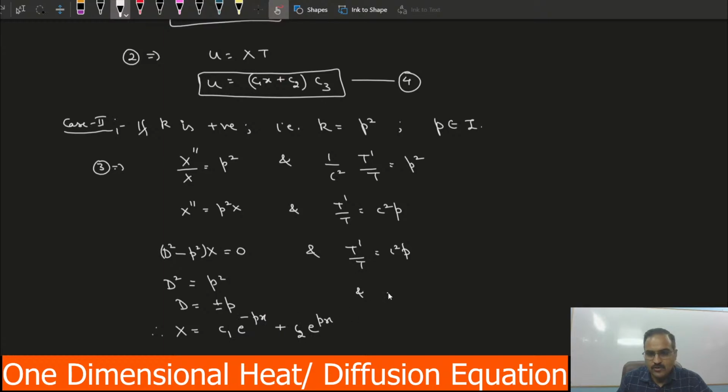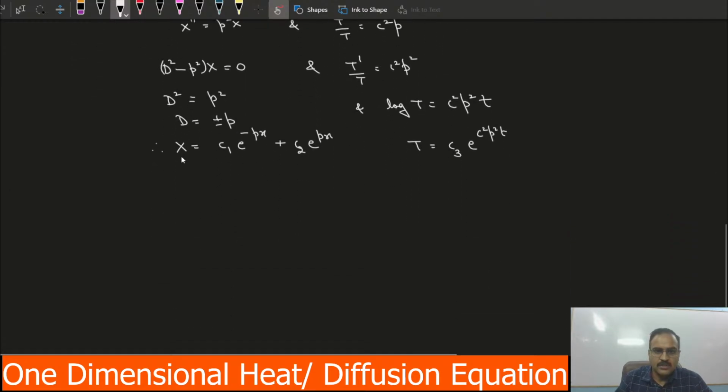Here if we integrate the other part, it will be log T = c²p²t, and then taking the exponent on the other side, T = e^(c²p²t), with a constant introduced. So these are the two values of X and T.